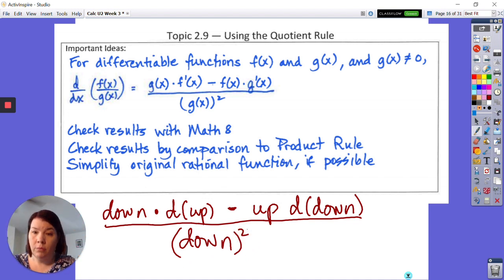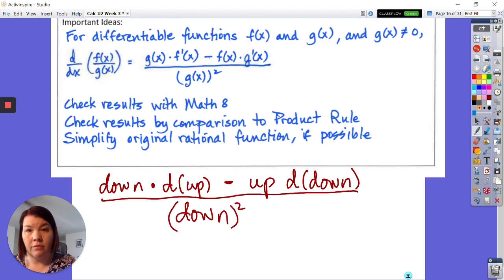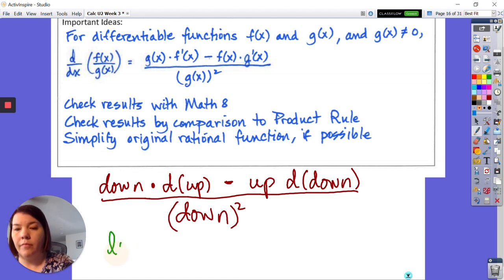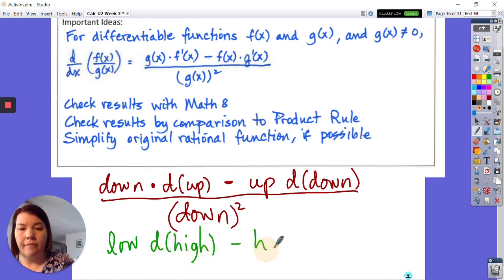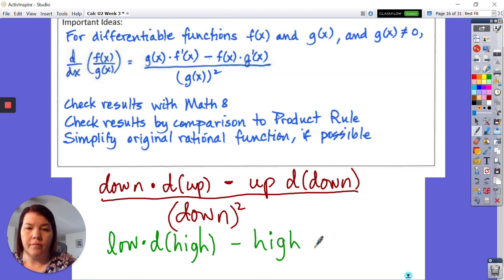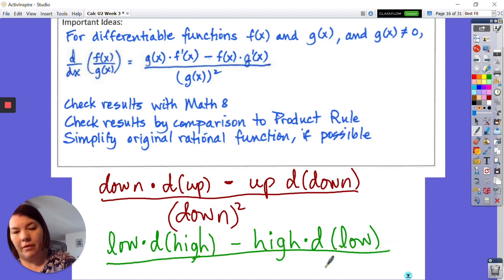Here at Ramona, they use a different set of words. High, let's see, I get it wrong. Low, d high, minus high, d low, all over low squared. I like mine better.